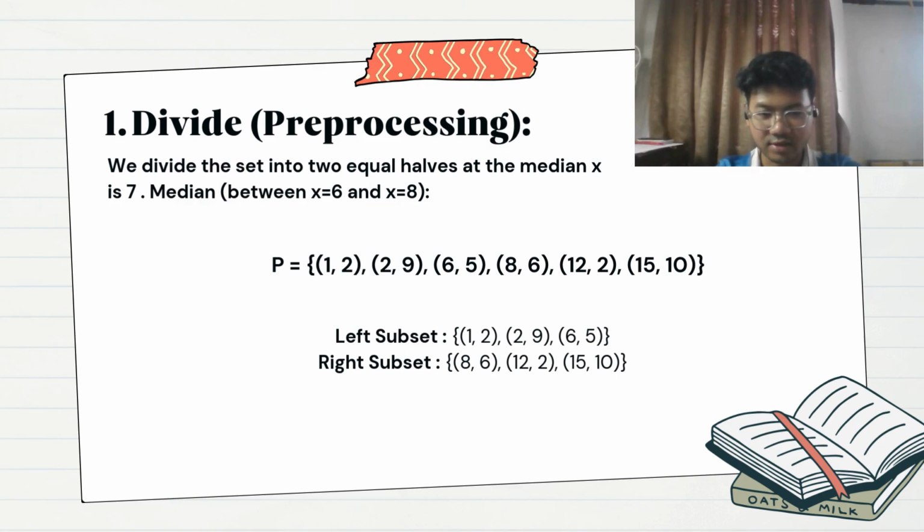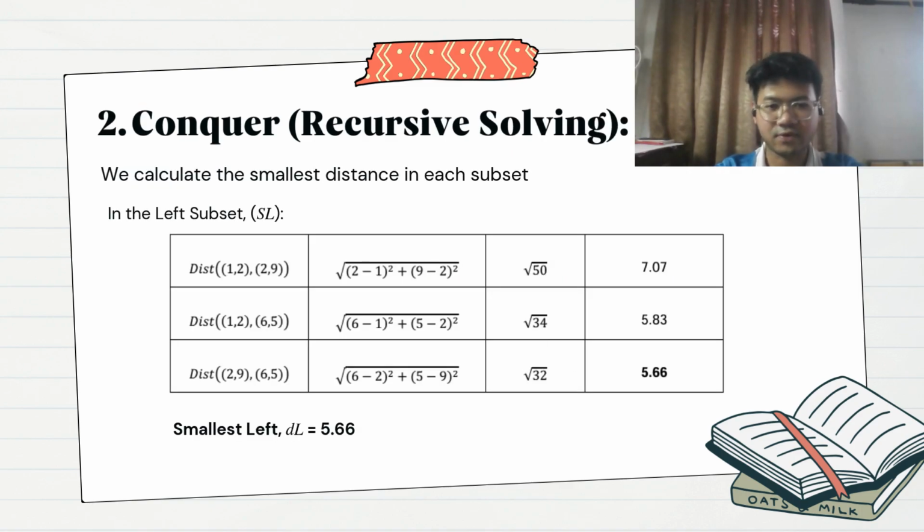First, for the pre-processing, we sort all the points by their x-coordinate in ascending order, and then we divide the points into two subsets based on the median x value. So we get a left subset of 3 points and a right subset, which is also 3 points. Next, for the conquer step on the left subset, we calculate the distance between each pair in the left subset.